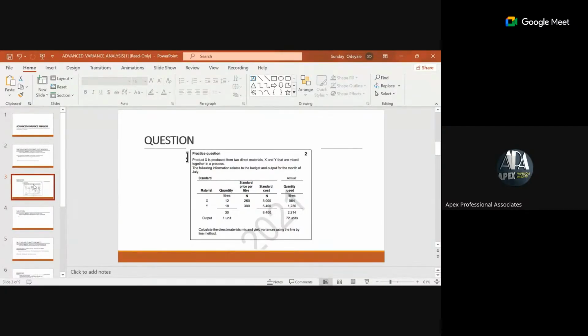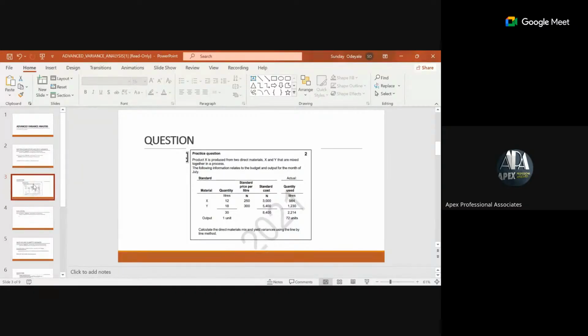But now that you are using 2,214 units, how many units of it is supposed to be material X? How many units of it is supposed to be material Y? Assuming you've used 30 for the actual units, we would have just said 12 of it is supposed to be X and 18 is supposed to be Y. So that would have been easier.